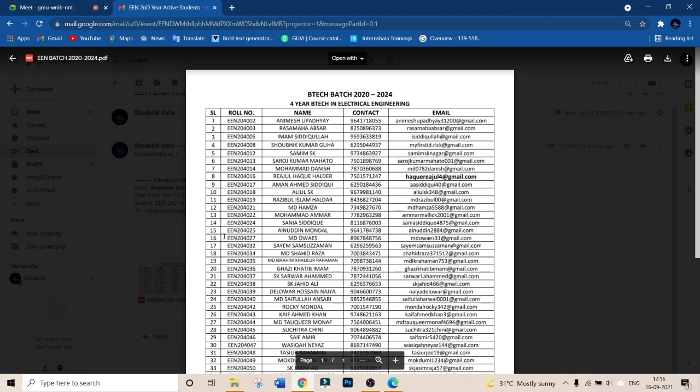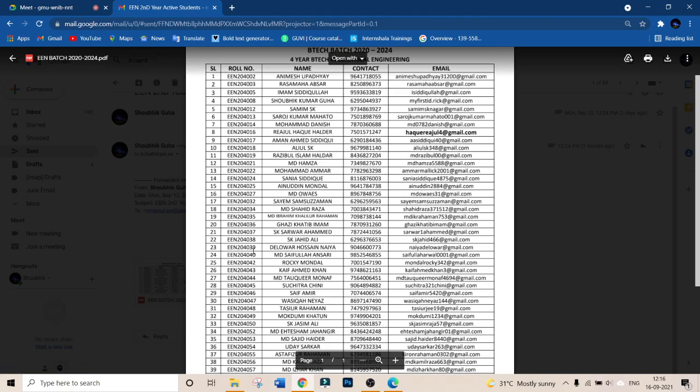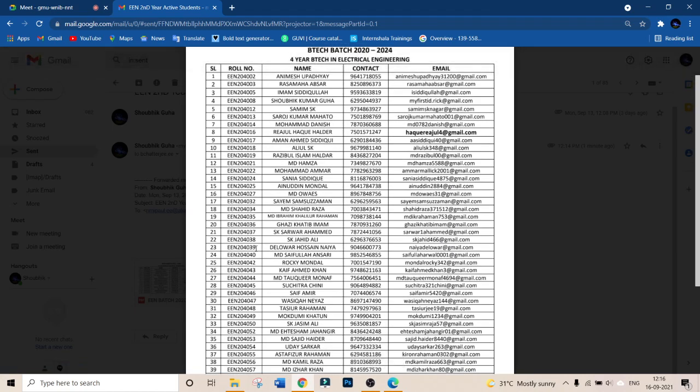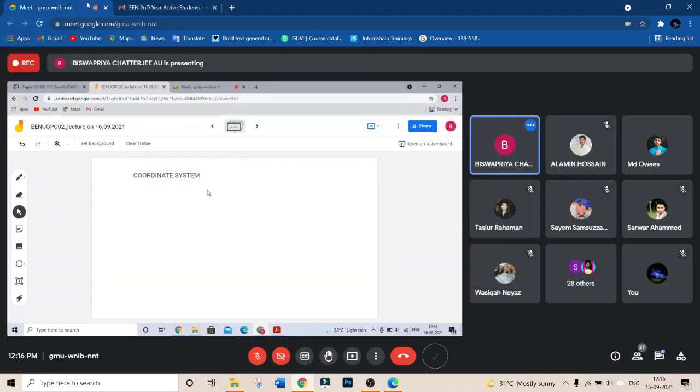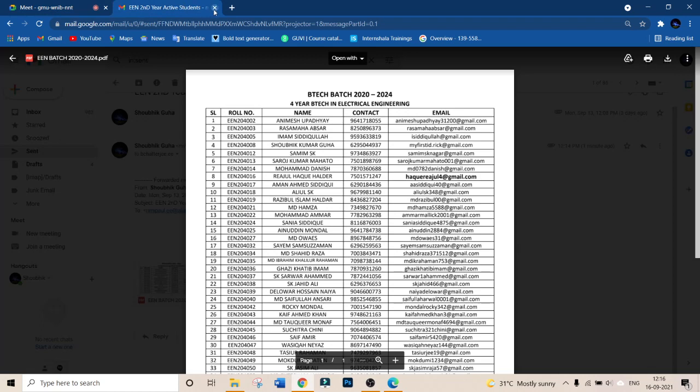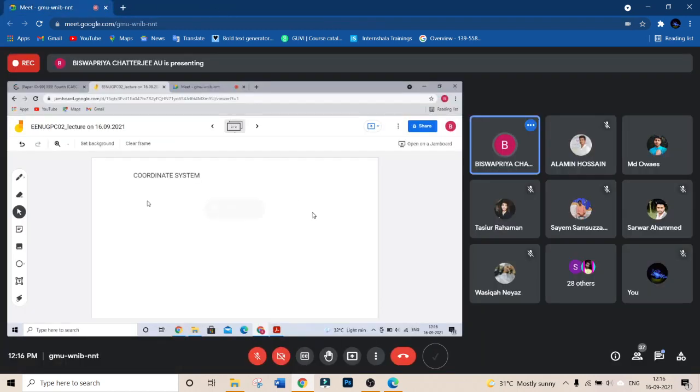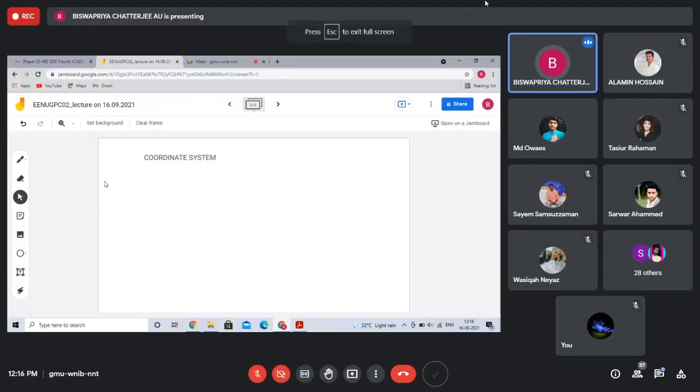So let us start with our first topic, that is coordinate system. We have first the coordinate system, simplest of all. It's called the Cartesian system. Okay, you all know this.